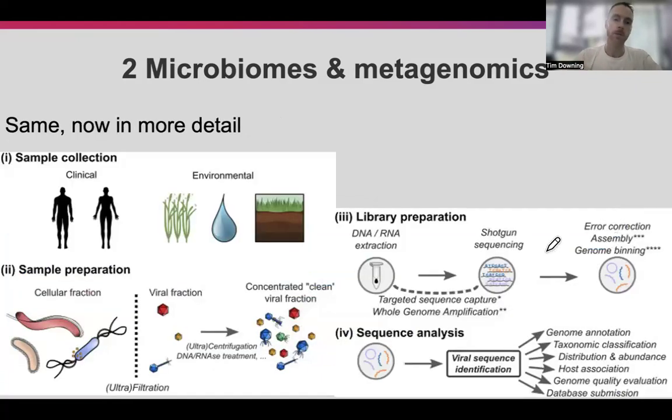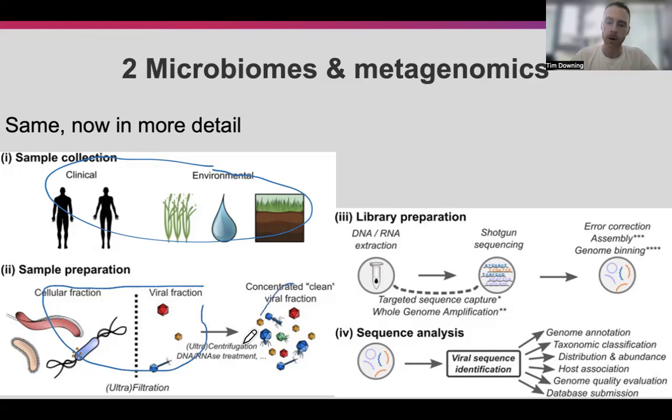So we can think about different things. We can be looking at clinical samples or environmental samples, and to a large extent, the basic analysis steps are very, very similar. Often we'll be dealing with samples where there'll be some sort of host cell component and a viral component, where the viral fraction will be extracted, and there'll be viral DNA or RNA that's extracted and sequenced.